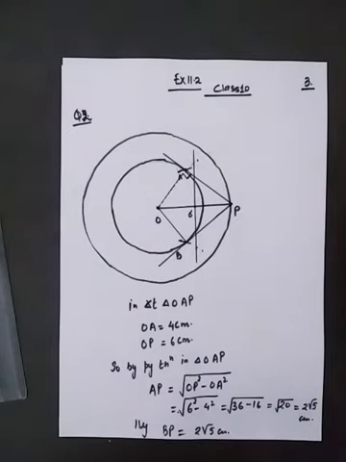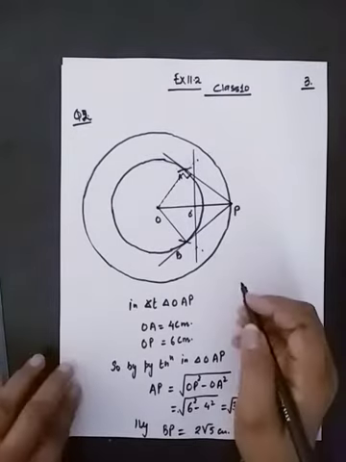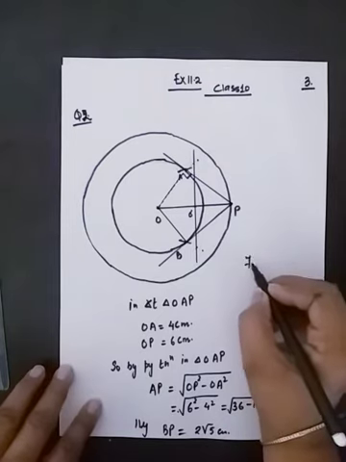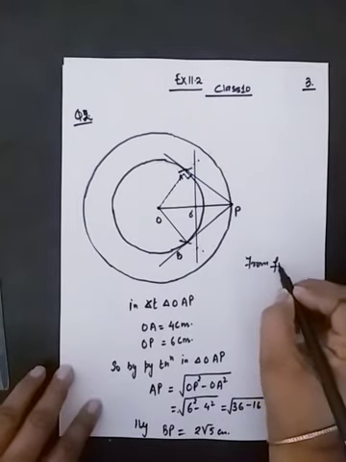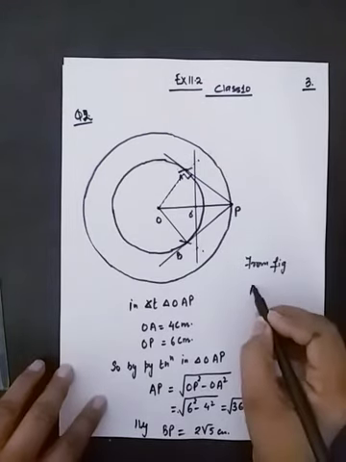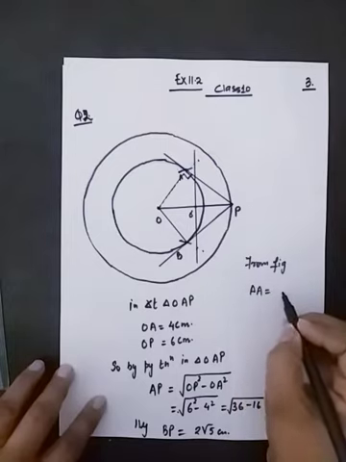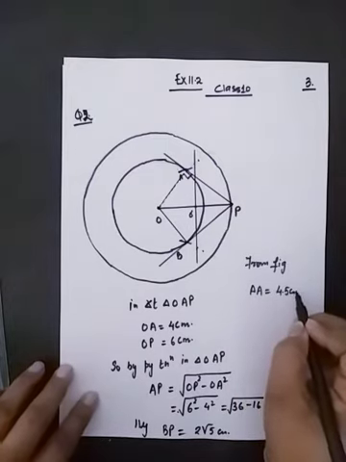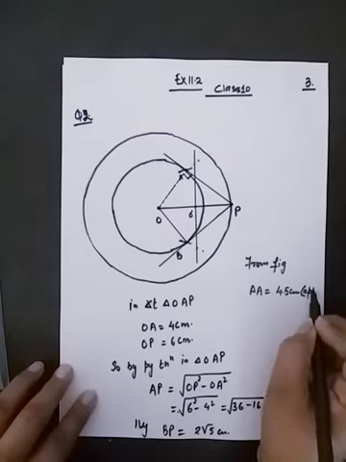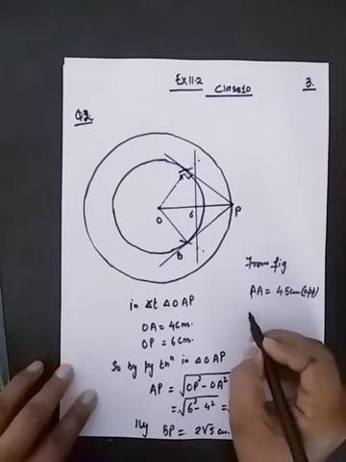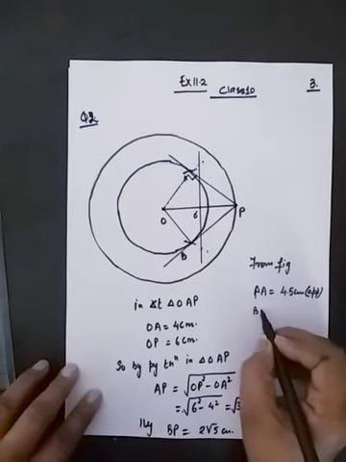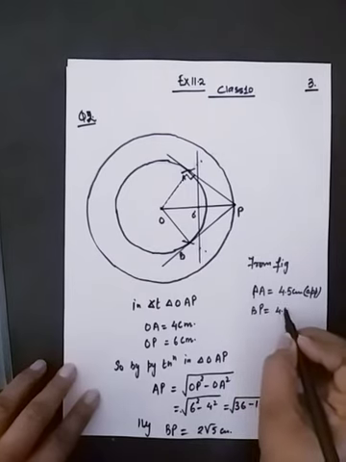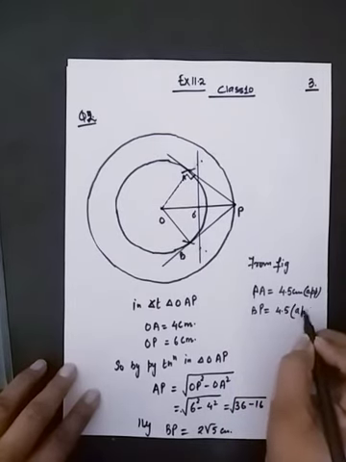Now we are asked to verify it by actual calculation and by measuring from the figure. So let us measure its length. So from the figure, the length of tangent AP, PA is 4.5 centimeter approximately, and BP is also 4.5 centimeter approximately.